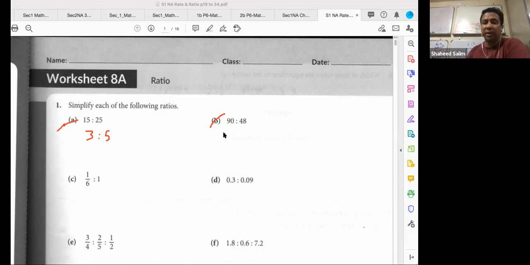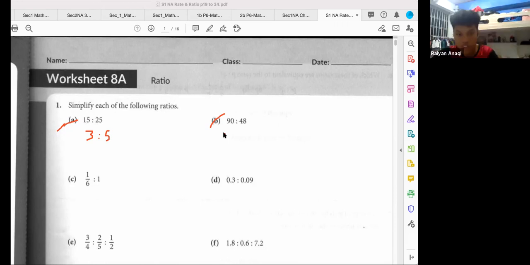Clue, maybe you want to divide by 6. 15:8.